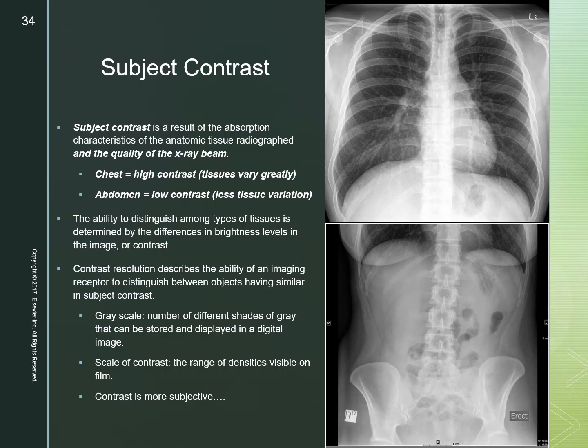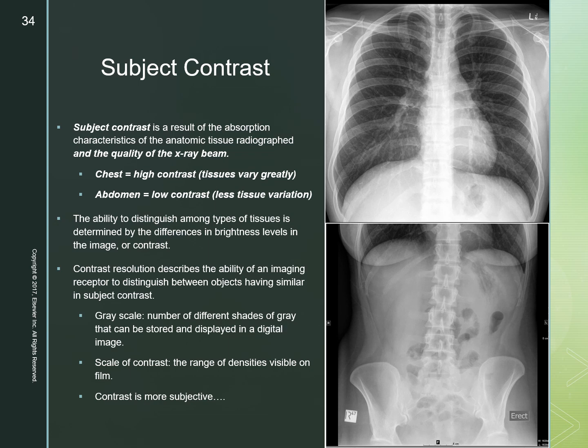We're completely reliant on a patient's subject contrast to allow us to see different anatomy within the image. So subject contrast, like we talked about, is going to depend on the thickness of the part, the density of the atoms, and the atomic number or effective atomic number of the tissue.